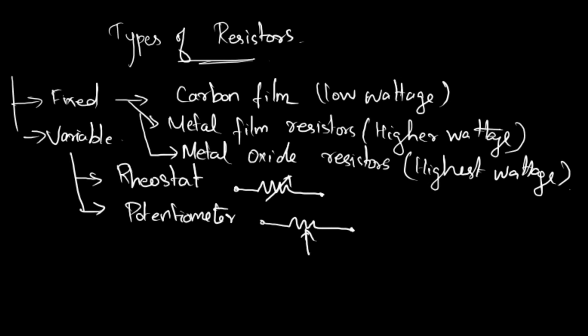A rheostat is a device used as a variable resistance, and a potentiometer is a variable resistance used for varying the voltage level in the application. So both are basically the same, and based on the application in which they are used, they may be called a rheostat or a potentiometer.